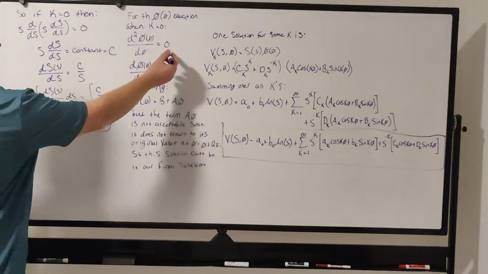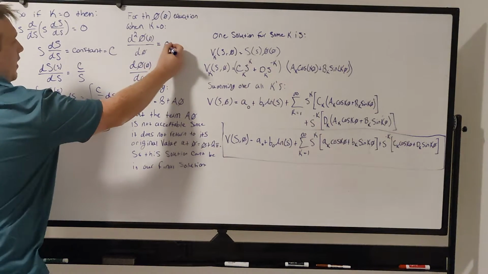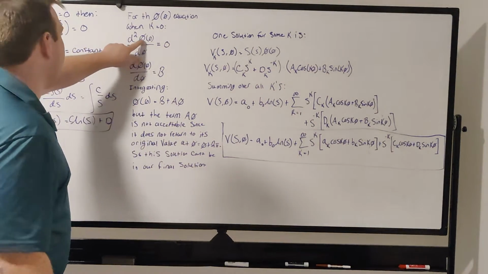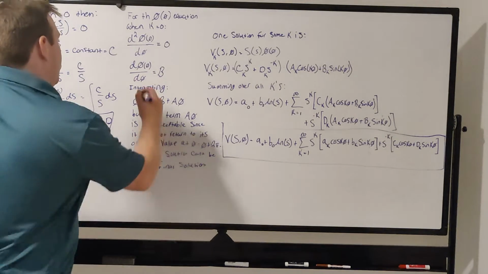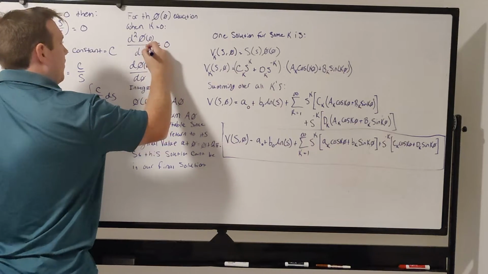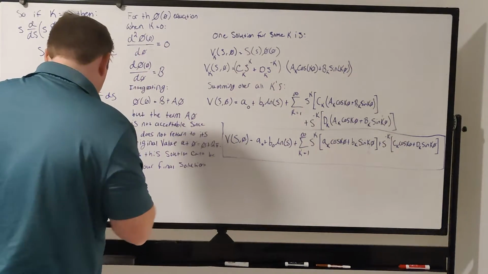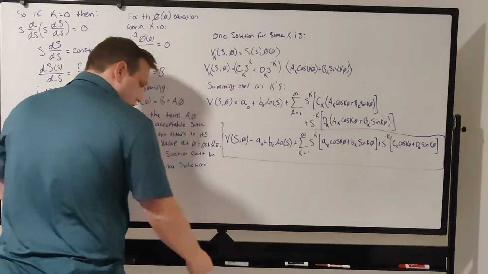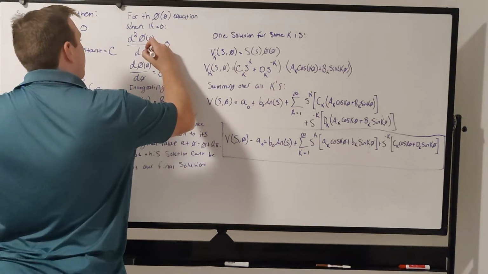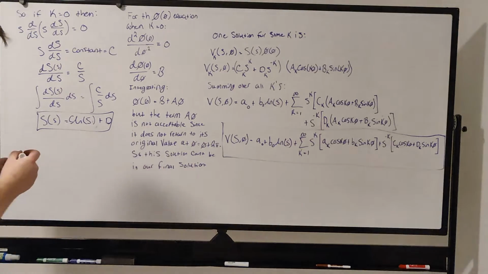So we start with this equation where k is 0, so the right-hand side is 0. So it's d squared phi by d phi squared. This is the second derivative. And I'm running out of ink here, so let's swap to another marker, perhaps? Yeah, that works.